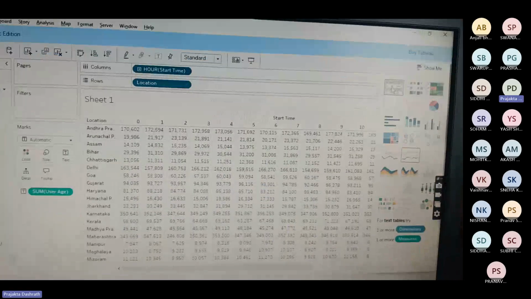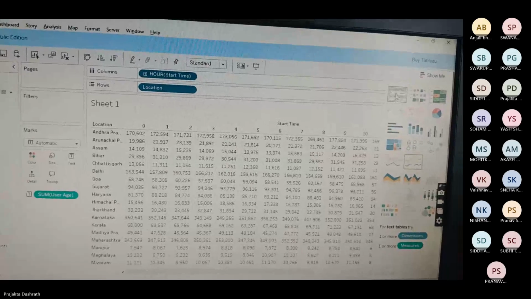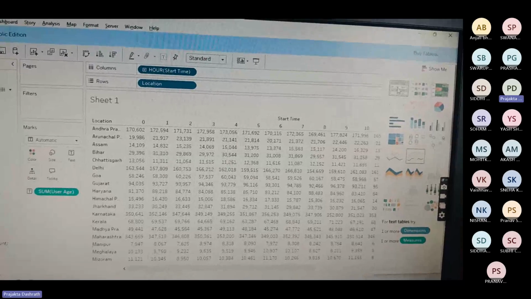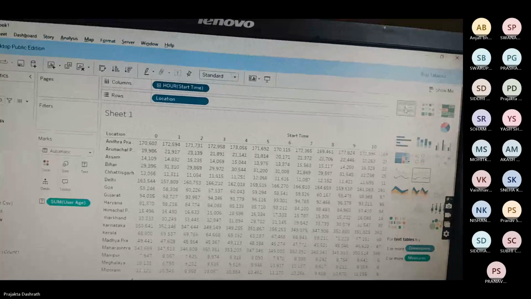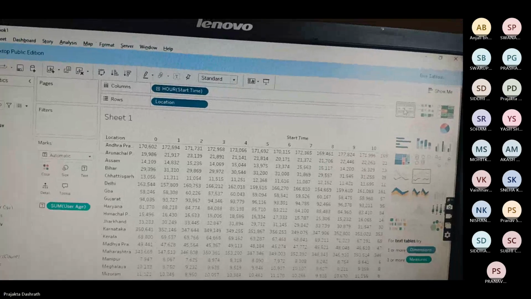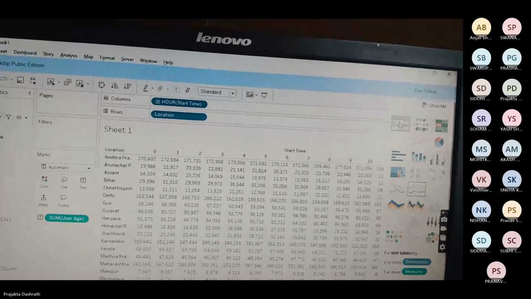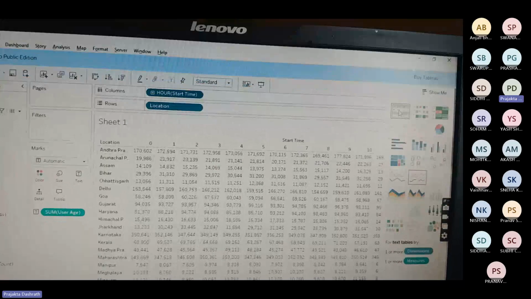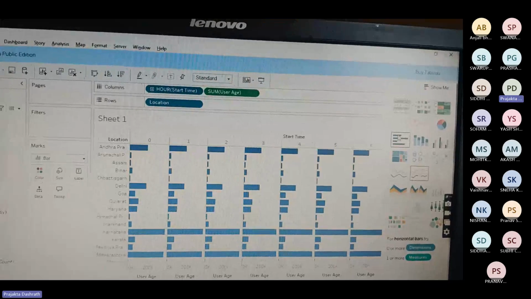Will it be a suitable chart? Soham? Swanandi? Prashant? Siddhi? Bar chart. Bar chart? Okay. One of the answers given is bar chart.